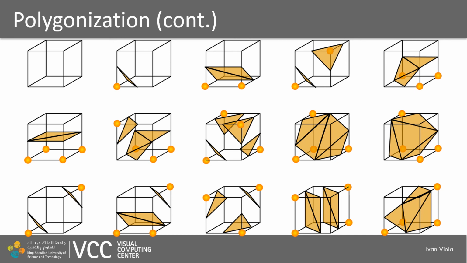So we have here one case, which is fully empty, which means that either we are fully inside or fully outside. So this is one class, which are already two different kinds, 0, 0, 0, 0, 0, 0, 0, 0, or 1, 1, 1, 1, 1, 1, 1, 1. The second class is where we have one point inside and all other points outside, or the other way, one point outside and all other points inside.